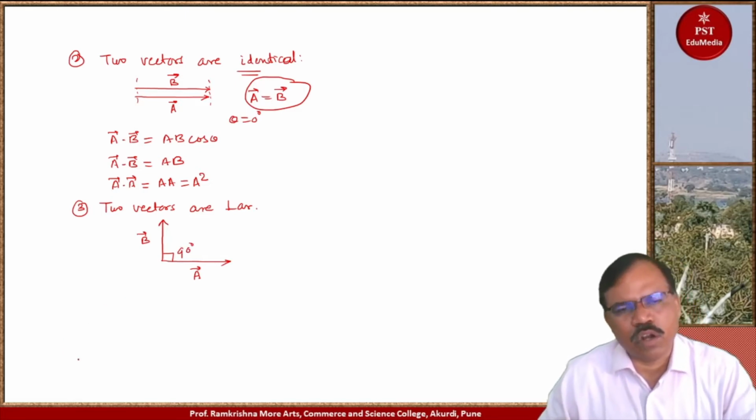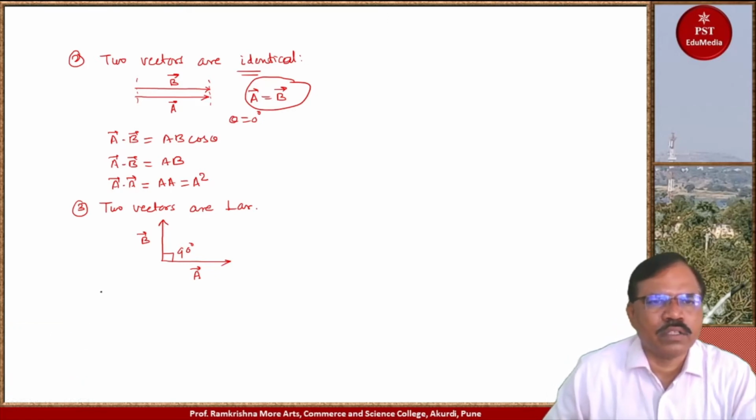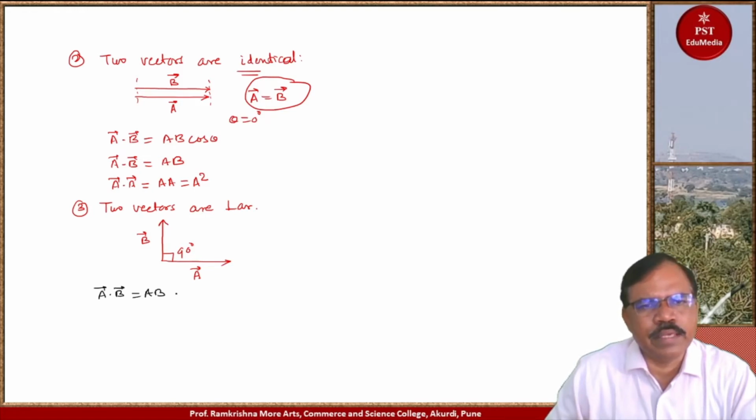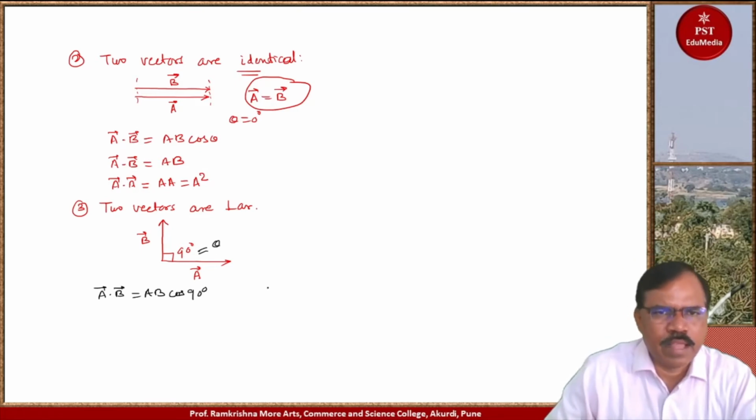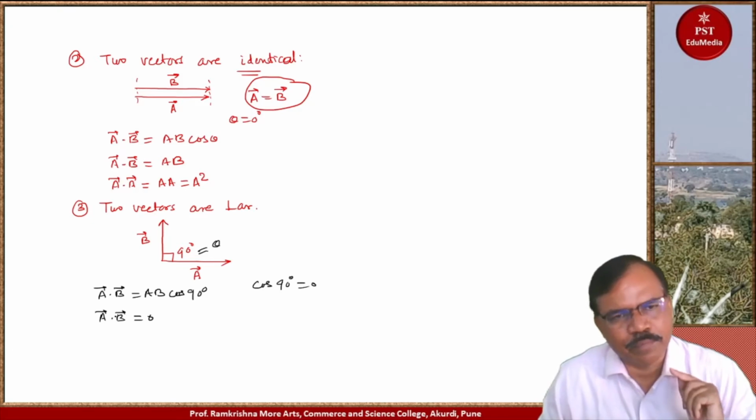Then what is the dot product or scalar product? A dot B is equal to AB into cos 90 degree, because theta is equal to 90 degree. And we know cos 90 degree is equal to 0. So A dot B is equal to 0 when A and B are perpendicular.